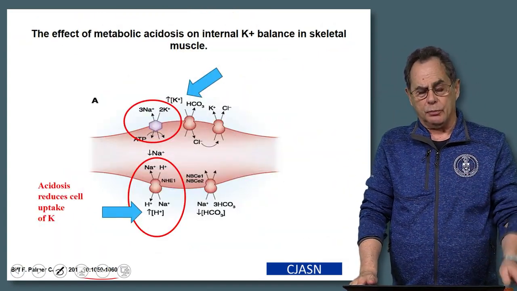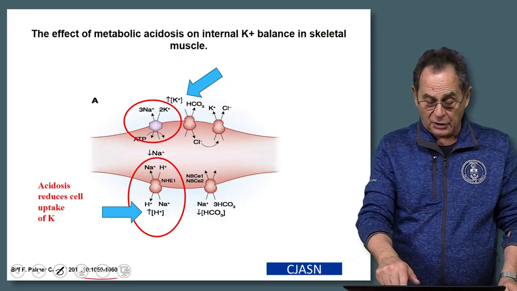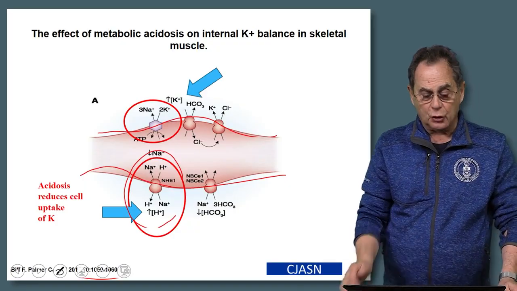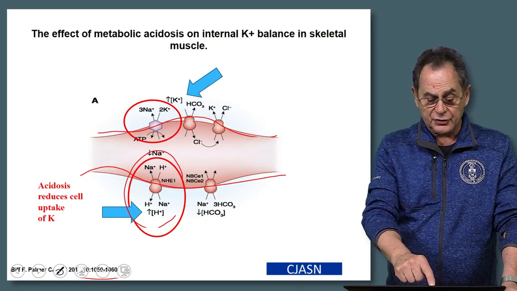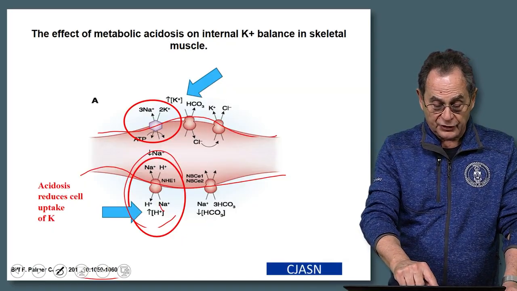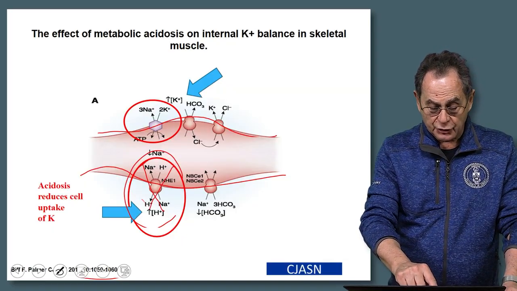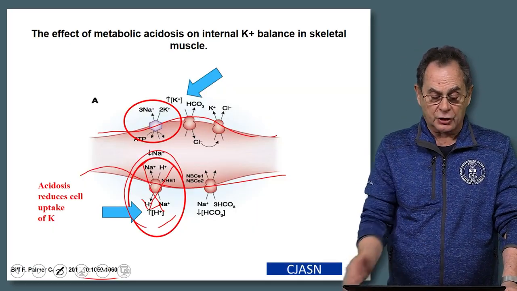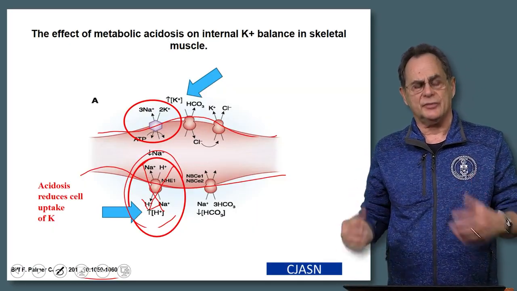Acidosis is another important factor. So remember, a muscle cell, again cartooned here, has the ubiquitous sodium-hydrogen exchanger, and this functions down concentration gradients. So sodium moves into the cell, hydrogen ion moves out of the cell. It's the sodium gradient and the hydrogen ion gradient that drive the activation.